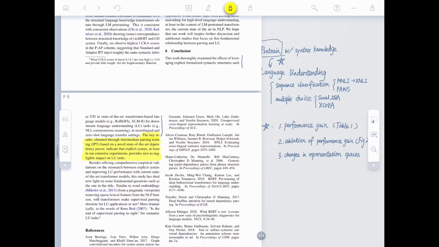I think the experiments in this paper do not make supervised syntactic parsing obsolete for semantic language understanding tasks. It is still possible to inject syntactic knowledge and other types of knowledge into the models during pre-training, either through using more structured text or a larger corpus.